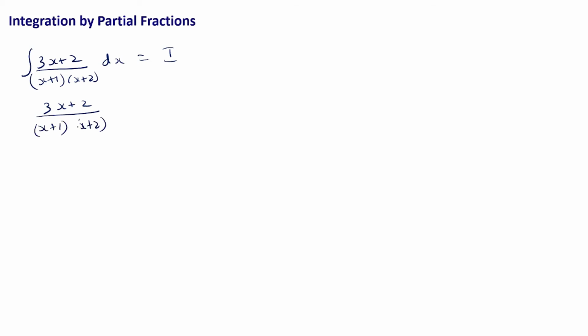Now say for example, if we want to find the integral of (3x plus 2) upon (x plus 1) into (x plus 2) dx. Let us take this as I. Then here we can use integration by partial fractions. So here we can write this as A by x plus 1 plus B by x plus 2.